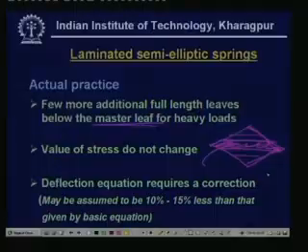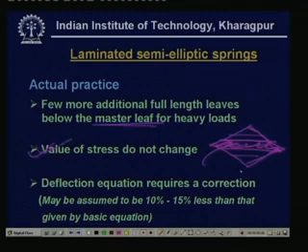So, actual design should have only one master leaf as per the simplification, I mean as per the design procedure, but in reality to take up more heavy loads, we do have more full length leaves. Now, what happens is that for that matter the value of stress does not change.